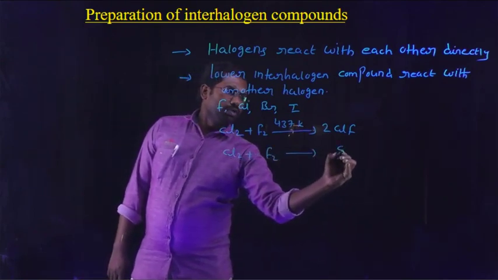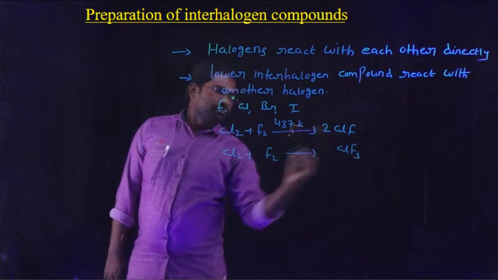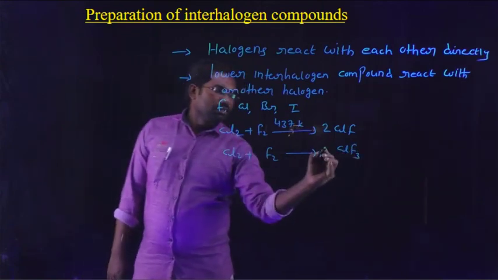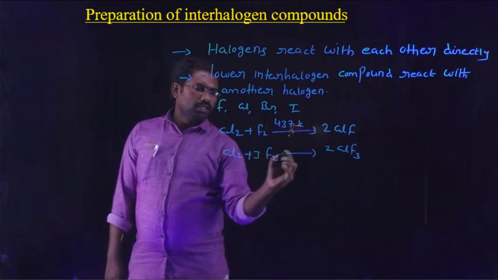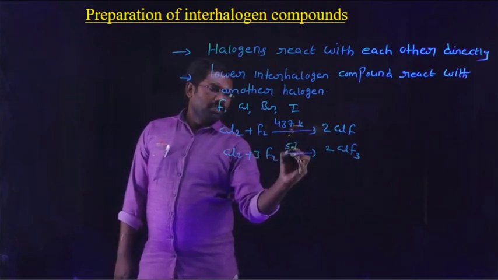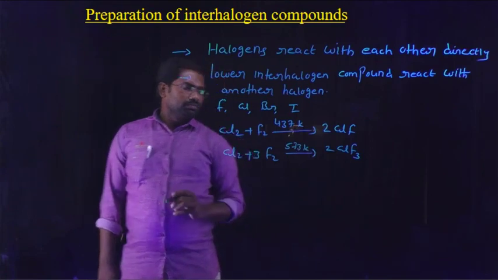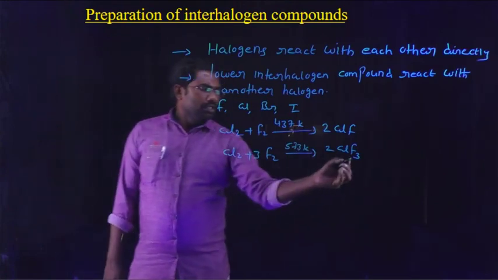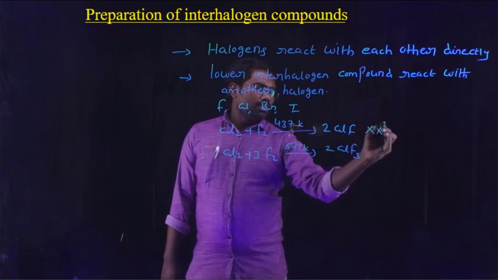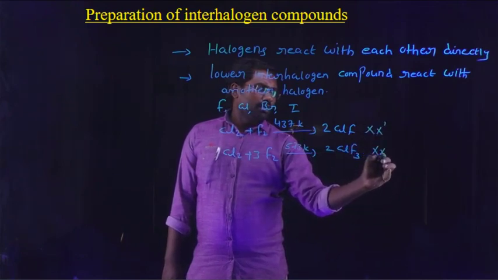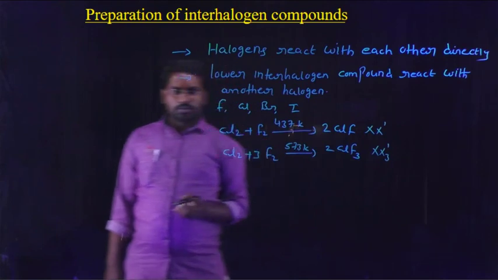It is able to form ClF3. It is at 573 Kelvin temperature. Here also, this is the XX' type of interhalogen. This is the XX3' type of interhalogen compound.